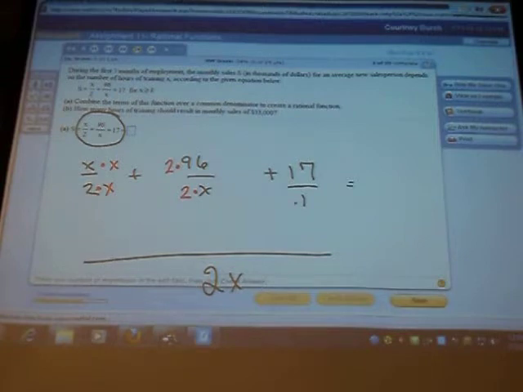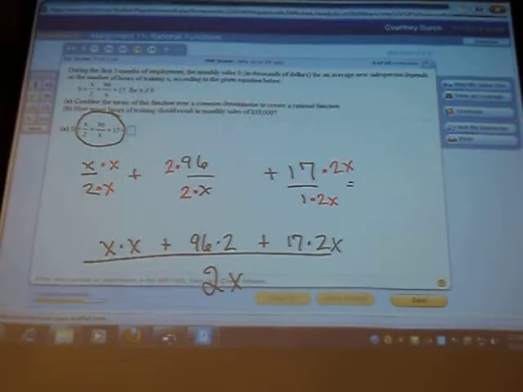Now the 1, I'm missing the entire 2x, so I need to multiply 17 times 2x. So my numerator becomes x times x plus 96 times 2 plus 17 times 2x. Now I just need to reduce that.